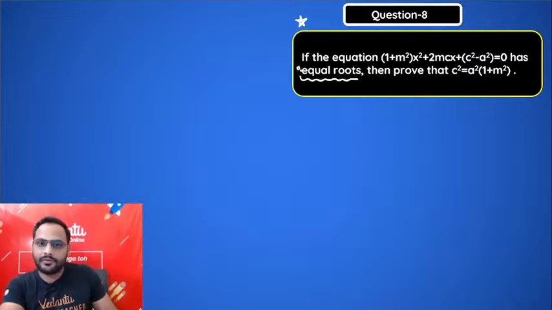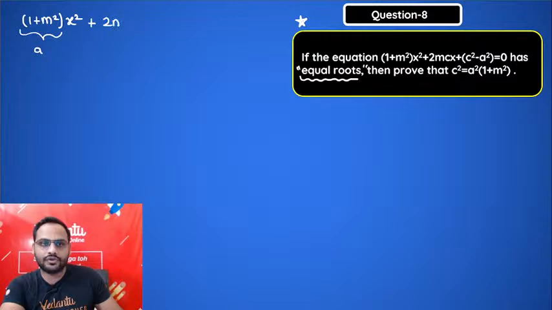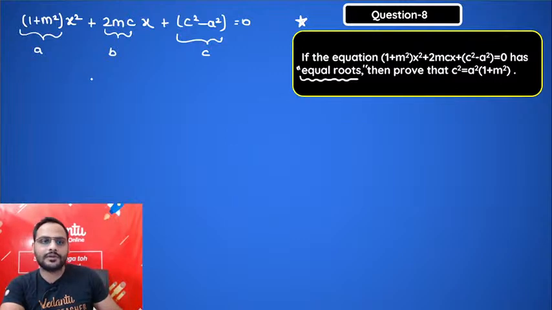So simple, if we look at the equation, 1 plus m square is the value of a, 2mc is your b, coefficient of x, and c square minus a square is your constant term c. If it has equal roots, make discriminant equal to 0.